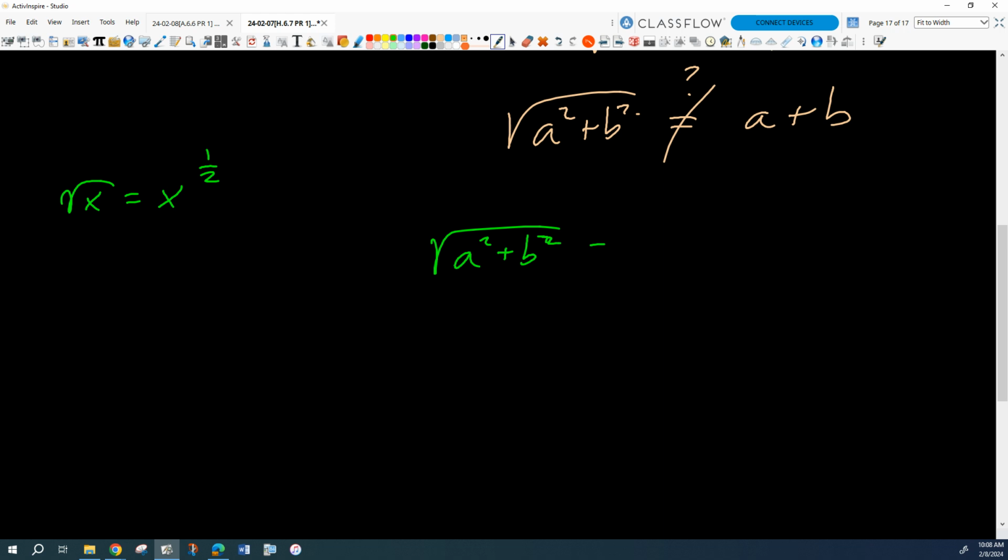So I could rewrite this as the quantity a squared plus b squared to the 1/2. But with our rules of exponents, can I distribute an exponent when things are being added? No, only when things are multiplied or divided, right? So there's another way of illustrating why you can't do that, because I can't just distribute that power, which would be the same thing as square rooting each term separately. Okay, good question. Okay, anything else?